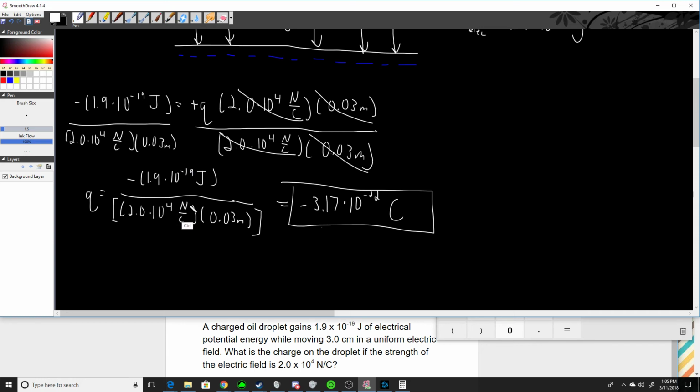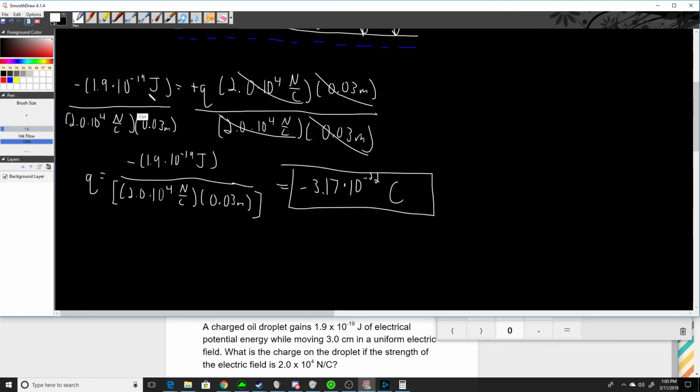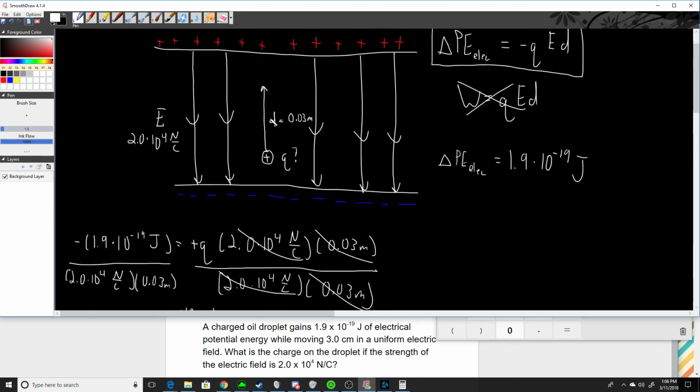So negative 19 minus 3, yeah, negative 22. Yeah, that answer seems reasonable. Okay, so based upon this small change in electrical potential energy, even though we are moving it quite a ways, that does give us a pretty small charge, pretty small strength of the charge there. And that's just the potential energy change when we move it 3 centimeters towards the positive plate.